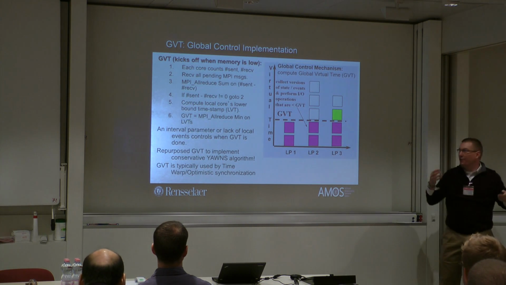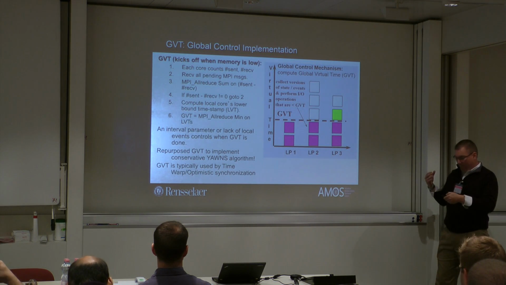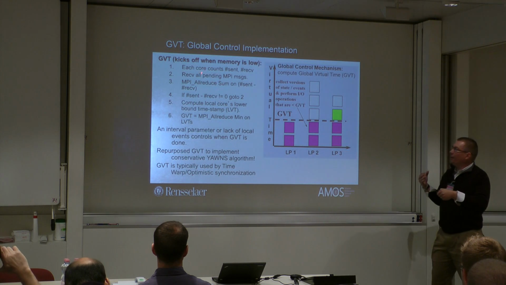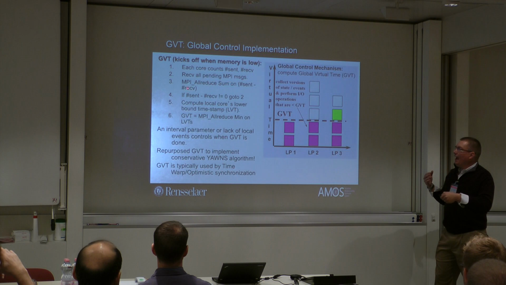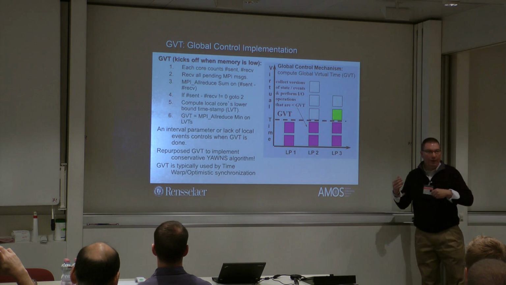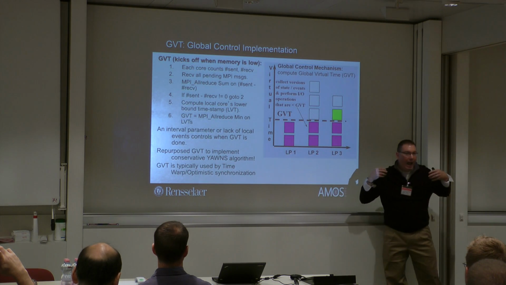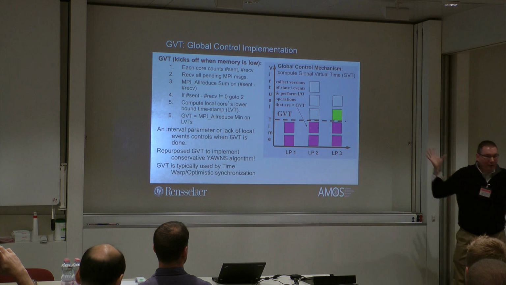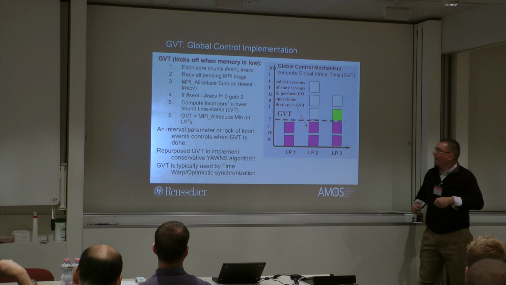And I'm talking a machine the size of Sequoia, 96 racks or something like that. So again, with this synchronous algorithm, we're going to count messages, the sends and receives. And once we've received all of our messages, we're then going to do an all-reduce on the sum of everything we've counted of sent minus received. And essentially it has to get to 0. So every MPI rank in this parallel simulation has to know that there's no outstanding messages in the system. There's nothing stuck in the network, right?